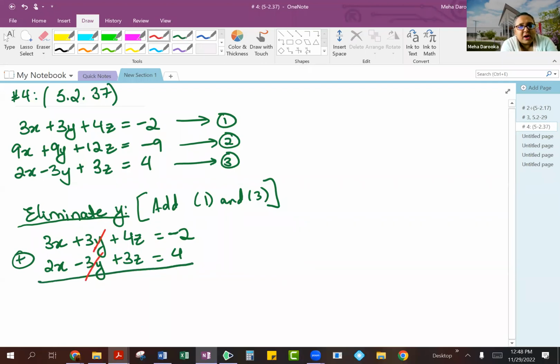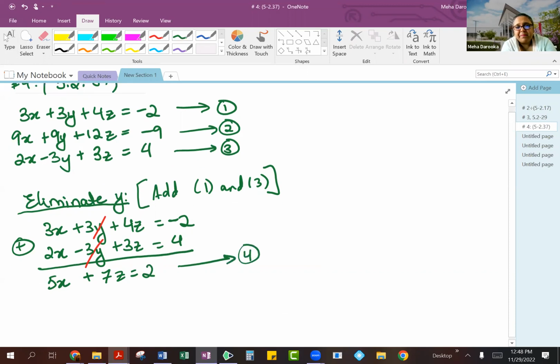Adding them together, our y variables will cancel out. 3 plus 2 gives us 5x, 4 plus 3 gives us 7z, and -2 plus 4 gives us 2. We will call this equation 4.